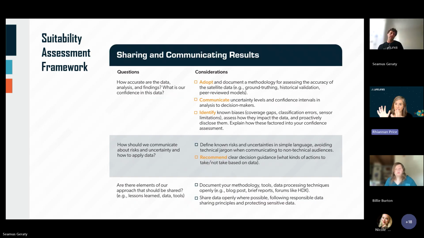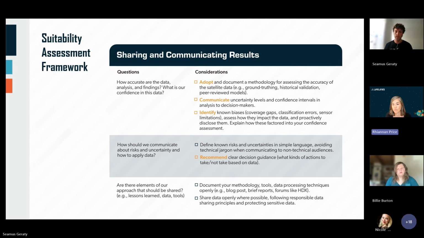And then the last phase is geared towards sharing and communicating results. As I mentioned when framing some of the caveats, this also includes a lot of things that we think are mission critical as building blocks for scaling and seeding success for other teams across your organization, your partners, or the communities on the ground to take ownership of some of this.